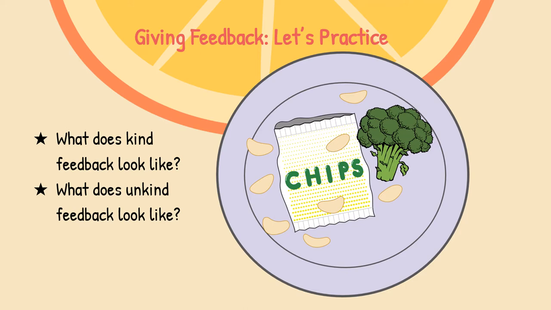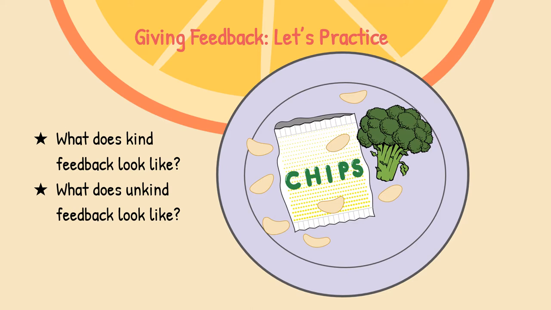And there's an opportunity for students to give each other some feedback on their initial ideas or brainstorm of that meal. So I think it's important before we ask students to give feedback to let them know what kind and unkind feedback looks like. I don't think unkind feedback is helpful. I don't think that unkind feedback is something that we should allow students to give each other.